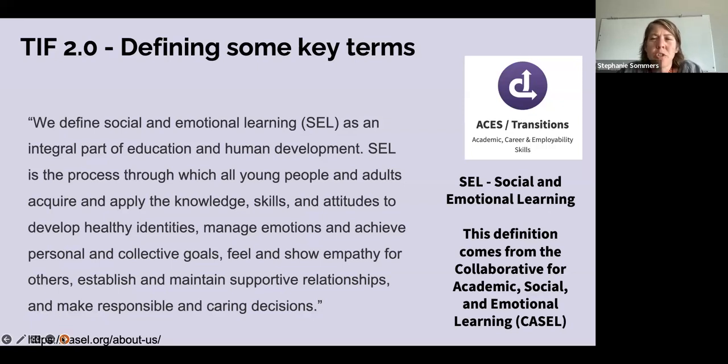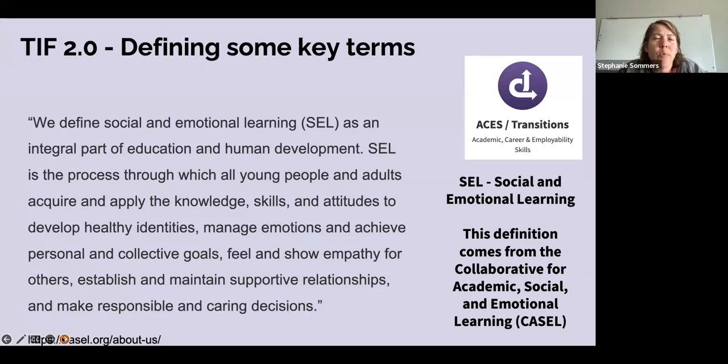So the definition you see here comes from an organization called CASEL, and that stands for the Collaborative for Academic, Social, and Emotional Learning. This is really like a key source for information about SEL. They define social emotional learning as an integral part of education and human development.